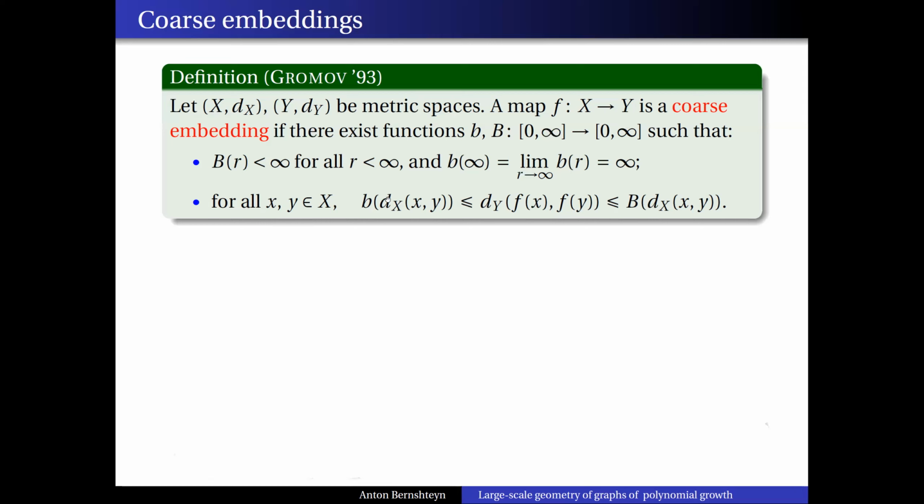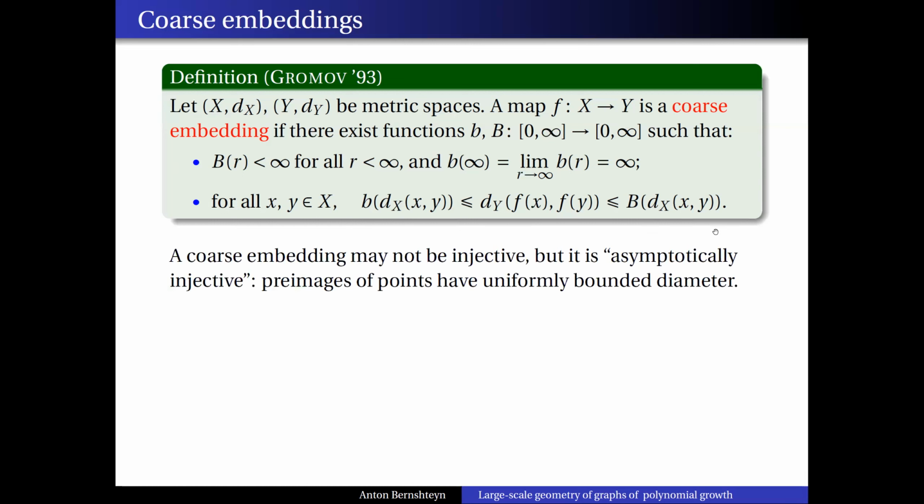Specifically, we want the upper bound to be finite wherever the distance between x and y is finite. This first clause here. And the lower bound should go to infinity. It shouldn't just stay fixed at some value. So as the distance between x and y goes to infinity, this lower bound also goes to infinity, and that's the definition of a coarse embedding.